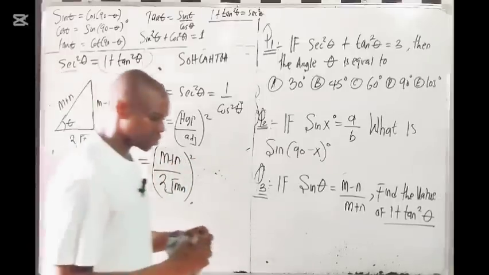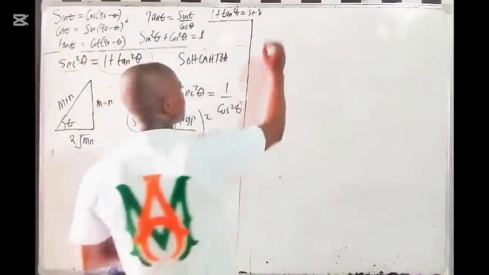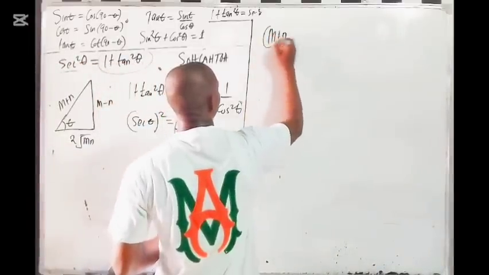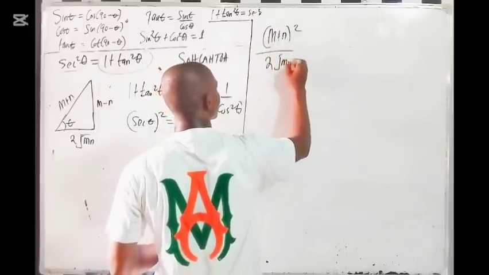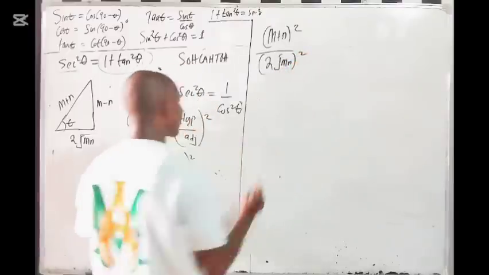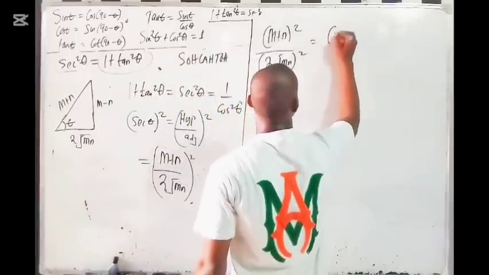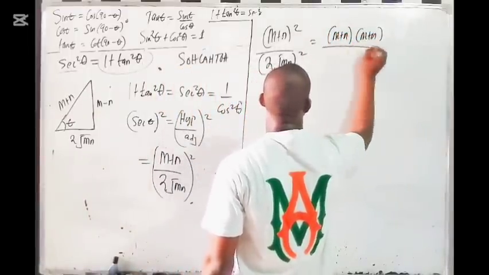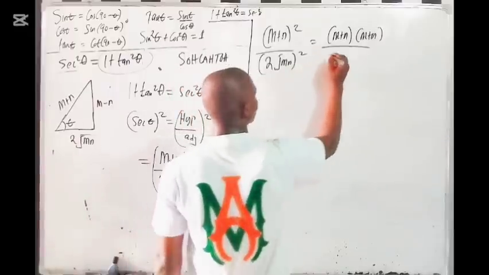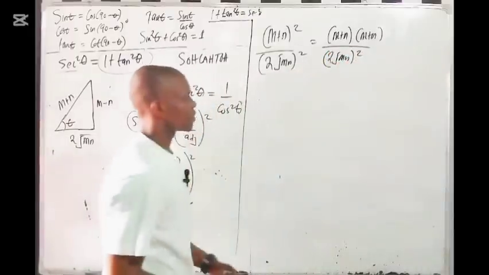Okay. So from here, you can just say m plus n all squared over 2 all squared, right? So now this one is the same thing as m plus n over 2 square root of mn. Can you see that?